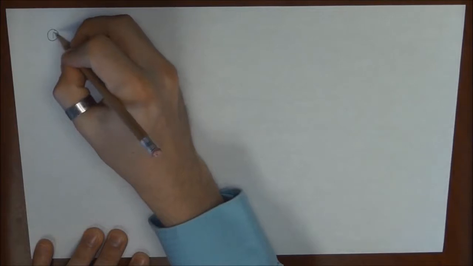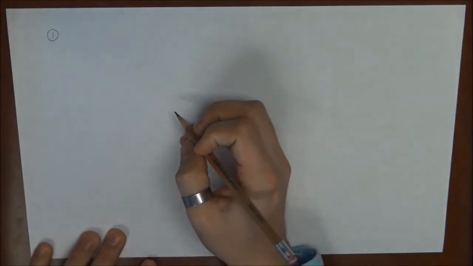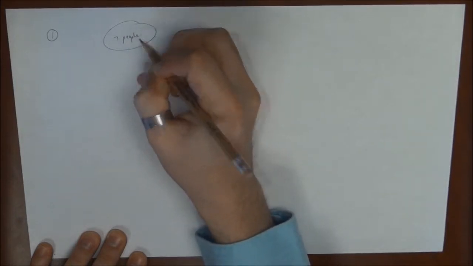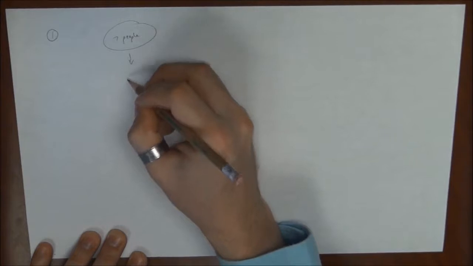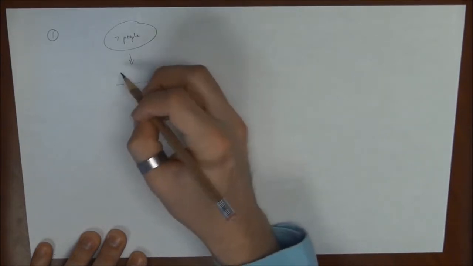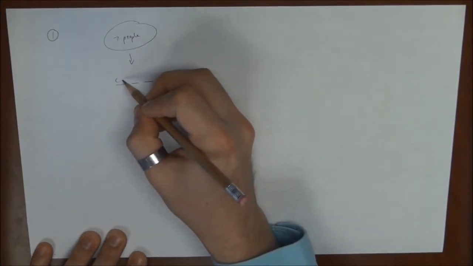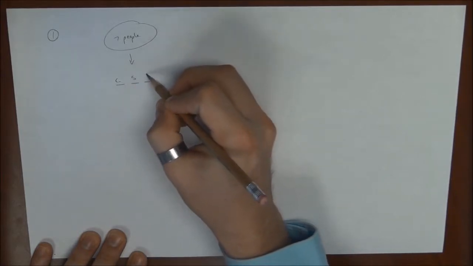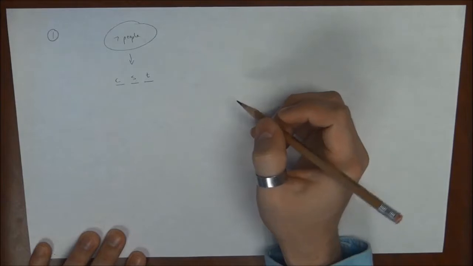Alright, so number 1. So I need to select from 7 people. I need to select 3, and I have to assign them to different titles: chair, secretary, and treasurer.